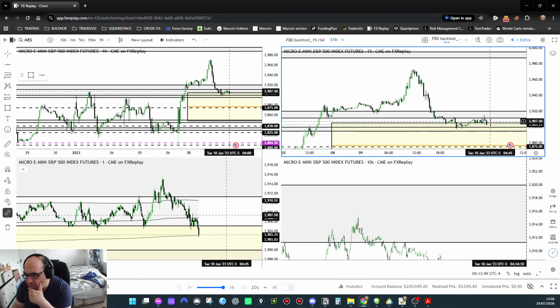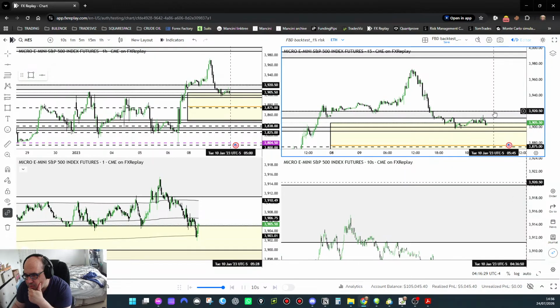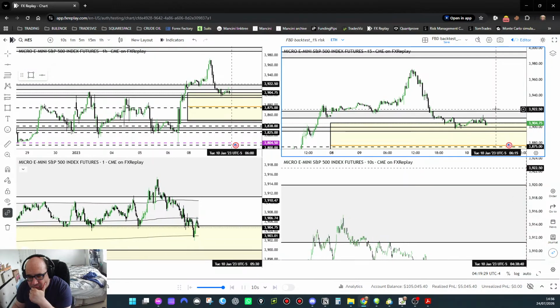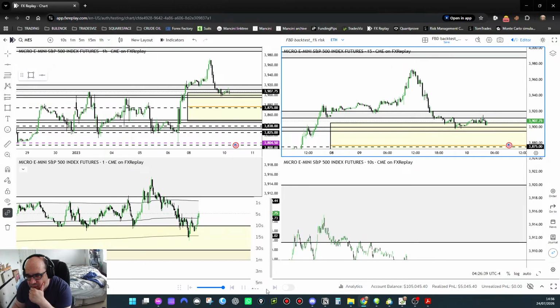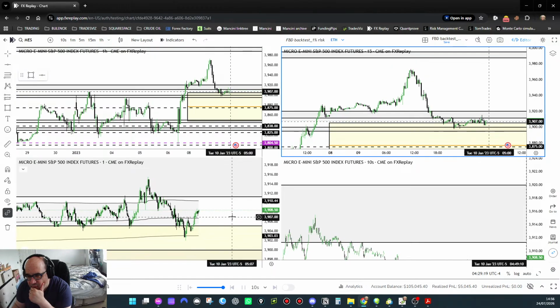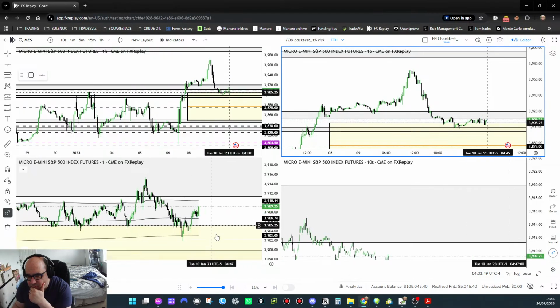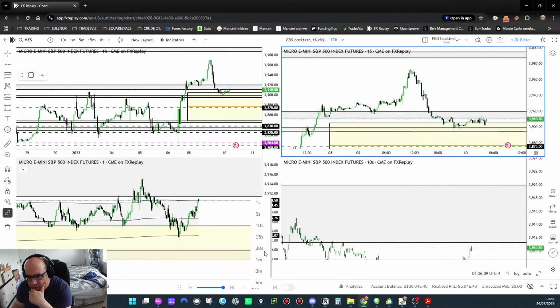Yeah, so price is just bouncing here between these two zones. We are still overnight, so I don't think something is gonna happen now.